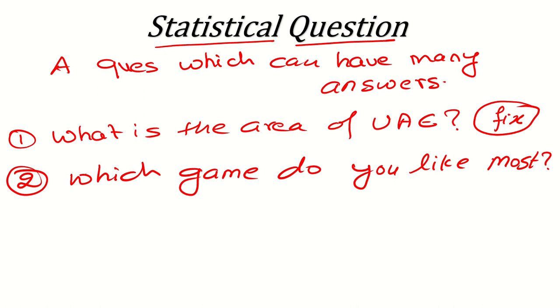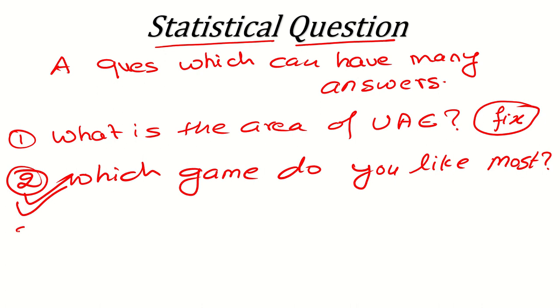So it has many answers. This type of question is called a statistical question. You may get a question in your exam asking which of the following questions is a statistical question. You will see that if a question can have many answers, then it is a statistical question.